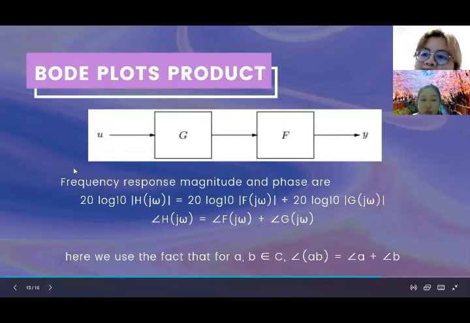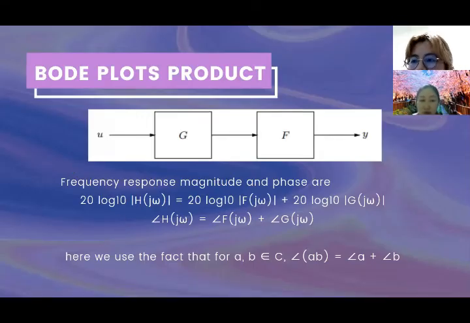Now we move on to Bode plots of a product. Consider a product of transfer functions H equal to FG. The frequency response magnitude and phase are 20 log10 |H(jω)| equal to 20 log10 |F(jω)| plus 20 log10 |G(jω)|.